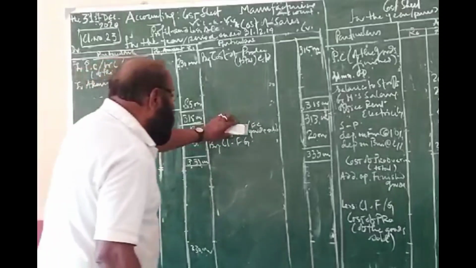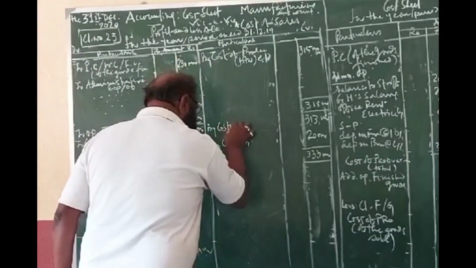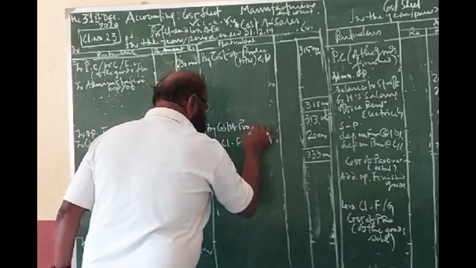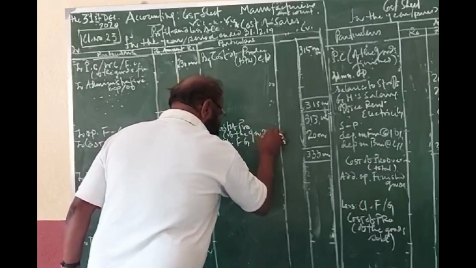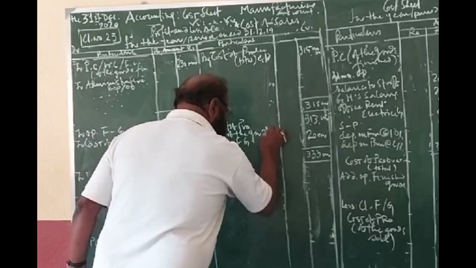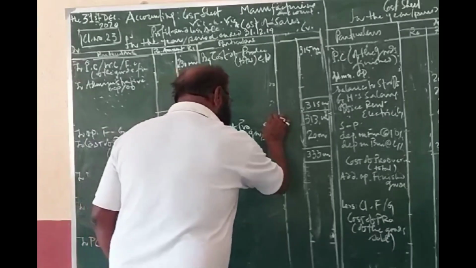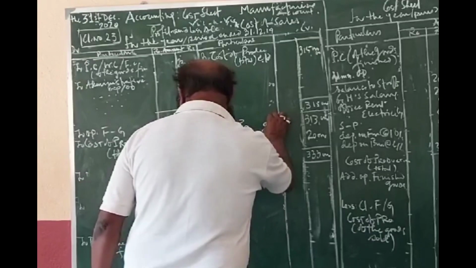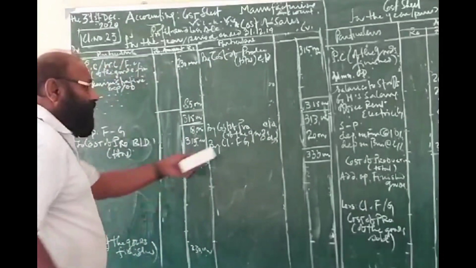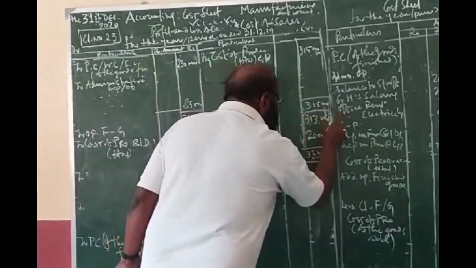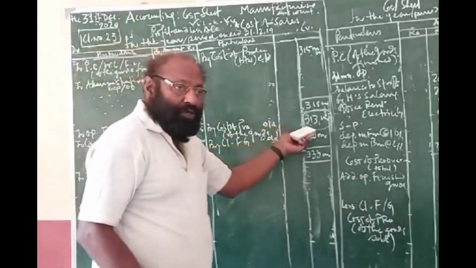You should say, and it is the cost of production of the goods sold. Understood? So this is the balancing figure, 13,000. That is the cost of production of goods sold.